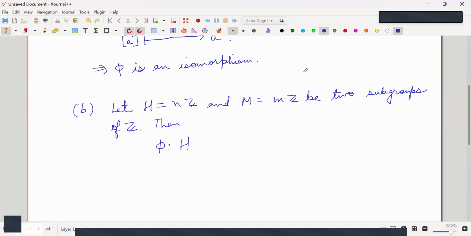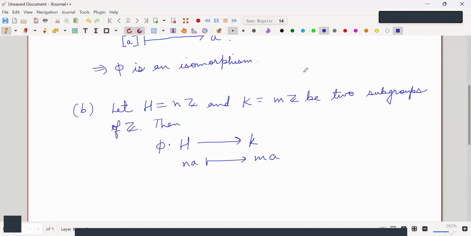I should not use M for H, let me just write K here. So an element NA is mapped to MA. Why is it an isomorphism?